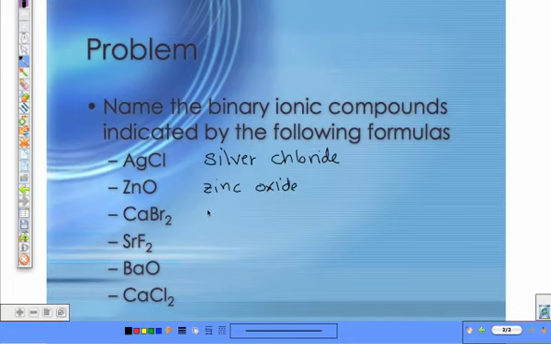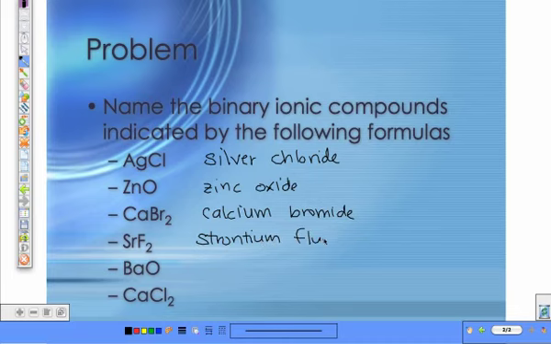How about the third one? SrF2? Strontium fluoride.